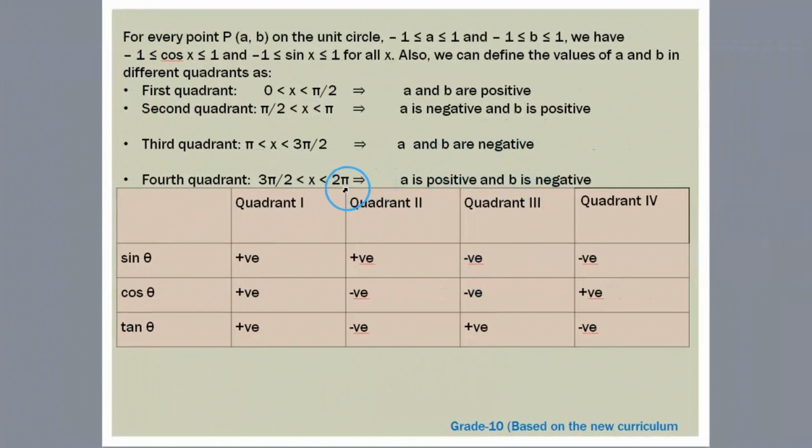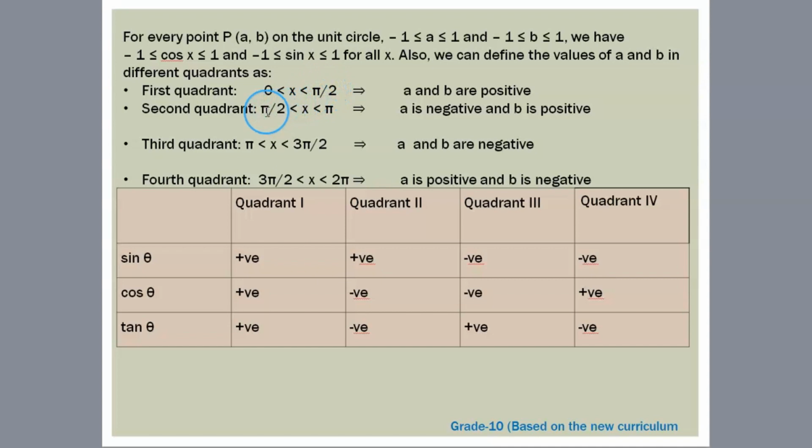Look, the first one, in quadrant 1, in the first quadrant the angle measure is always between 0 and 90 degrees, or pi over 2.